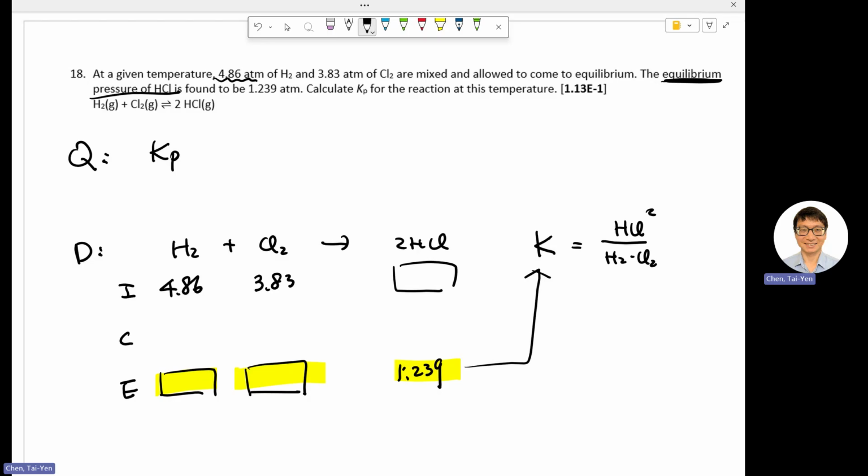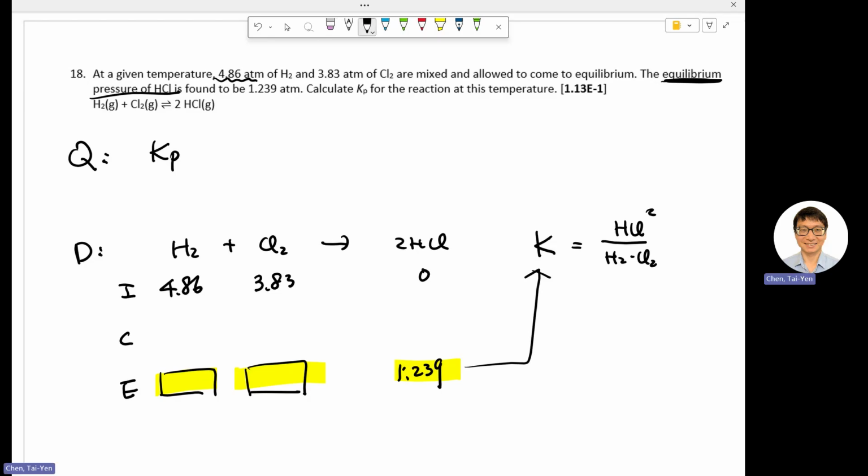You start to assume there are certain changes. But before I do that, what's the value here? 0, right? Because in the beginning, you don't have the product. Therefore, here is 0.